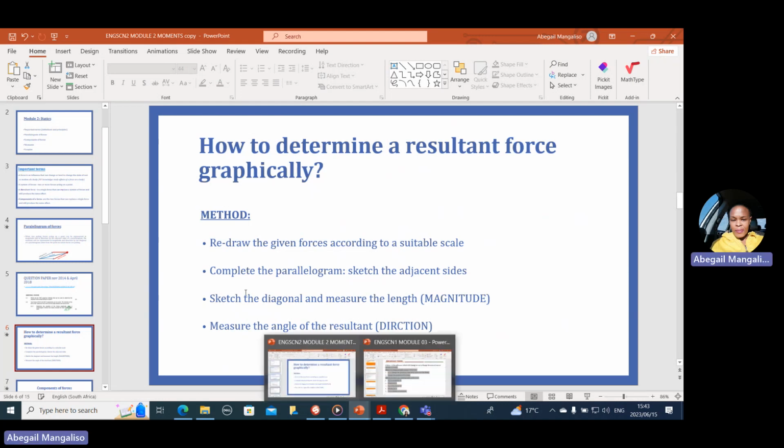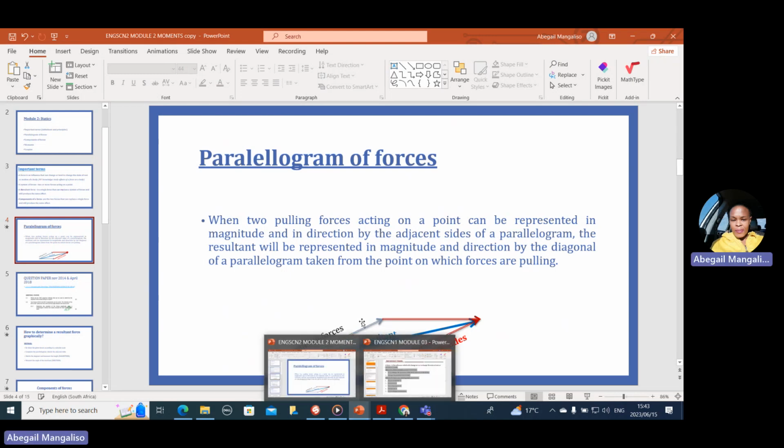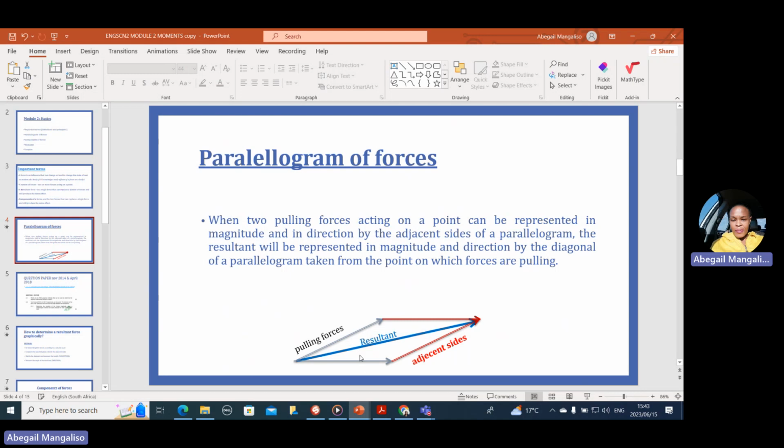From the definition, the resultant will be the diagonal of the parallelogram, so you measure the length of this line. It will be the resultant of these two forces. And the last thing, you measure the angle, which is theta.